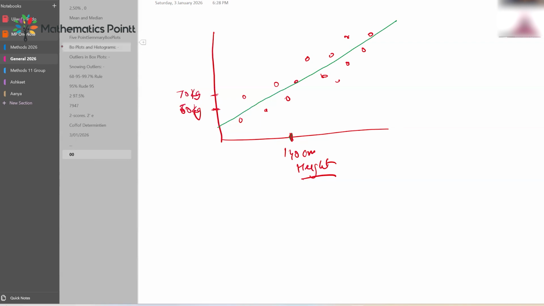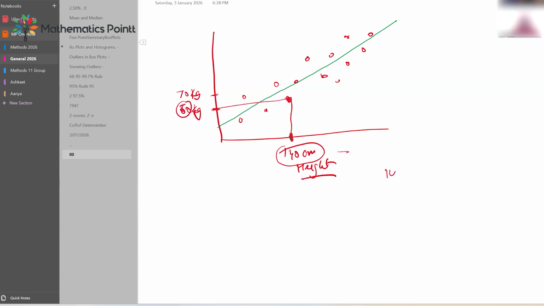Now, if I ask you what is the weight of someone whose height is 140? So you can go here and say, hang on, I have actually a person in my experiment with the height of 140 and the weight is 60 kilos.